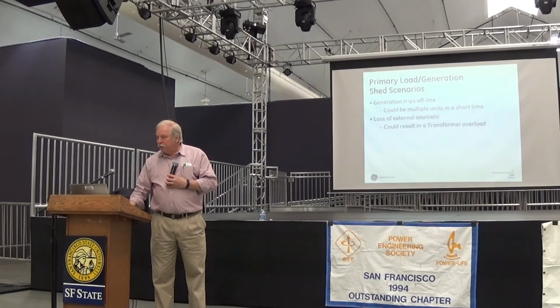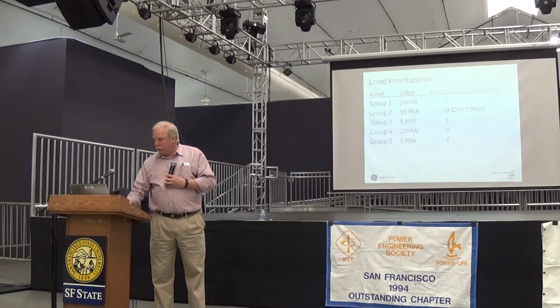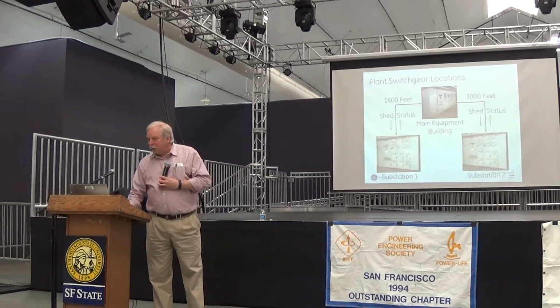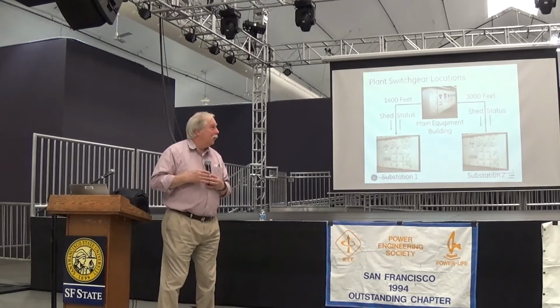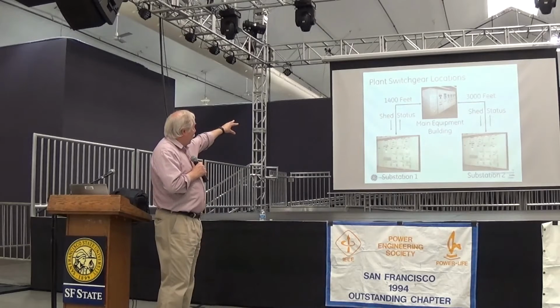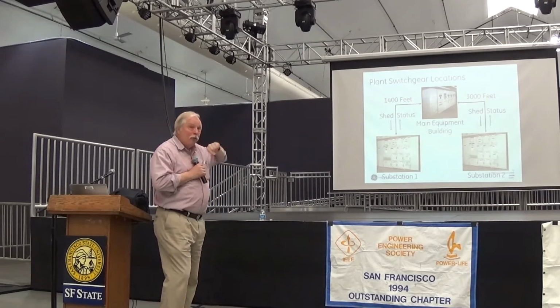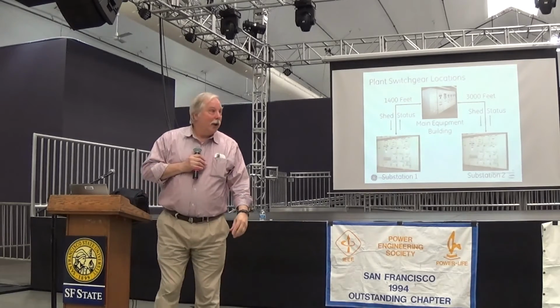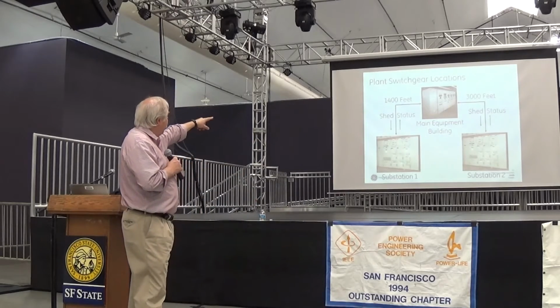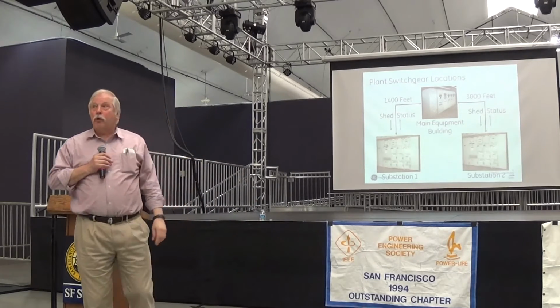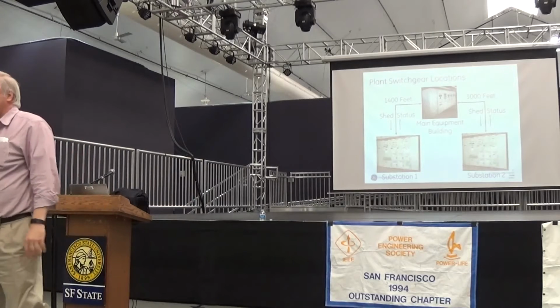The paper, the presentation goes into details on how this was actually implemented. I won't go into too much detail here. But the takeaway is there was a main control house, and then there were 2 remote substations, and you see the one's about 3,000 feet away, and the other's about 1,400 feet away.